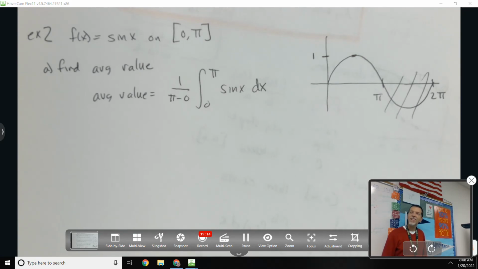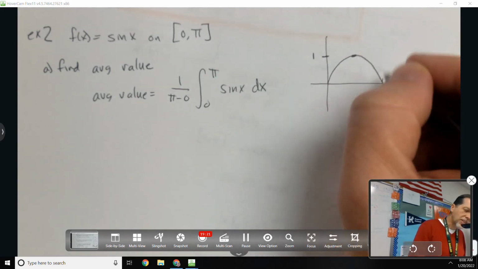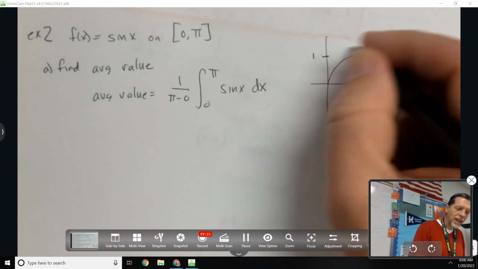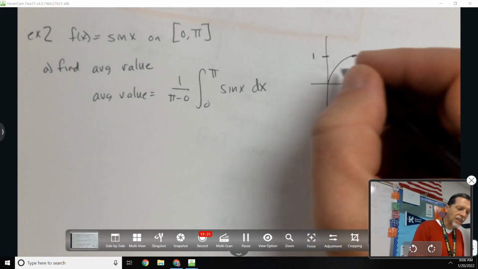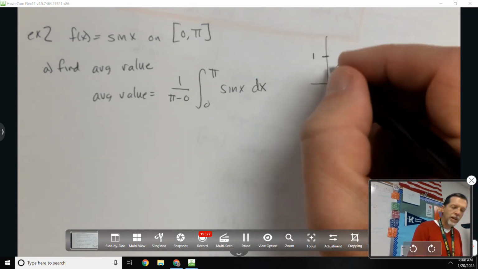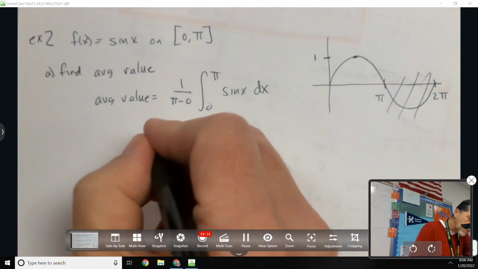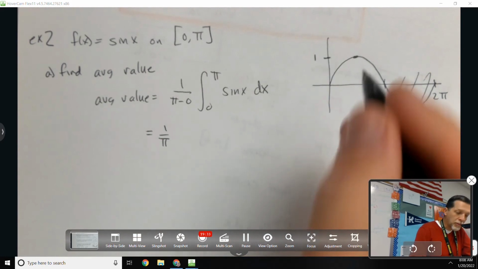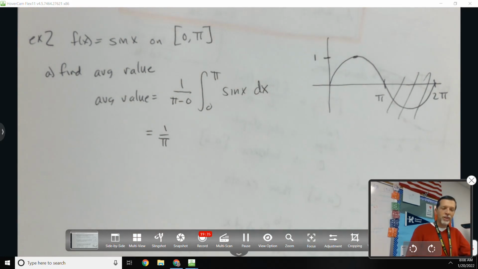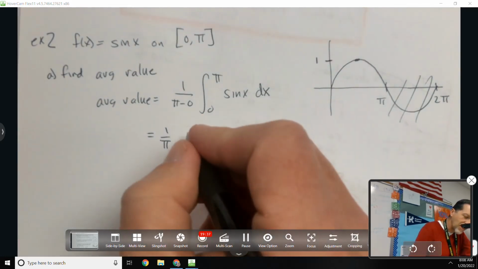Because of its concavity, I think there's a lot of area in there. I think it's going to be closer to 1. I think it's going to be more than half. But we'll see. But absolutely between 0 and 1. There's no way it's more than 1. There's no way it's less than 0.